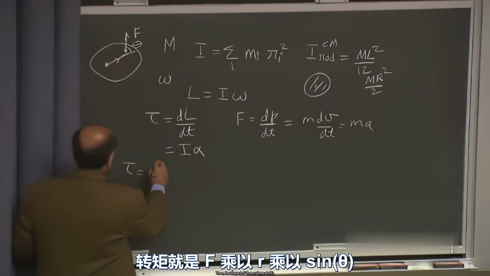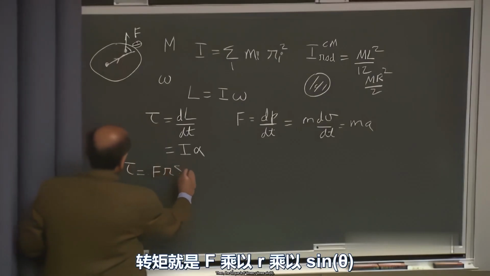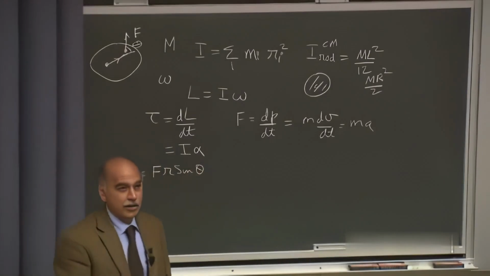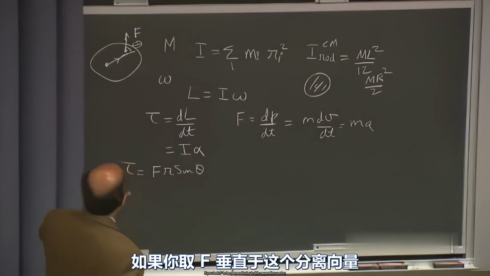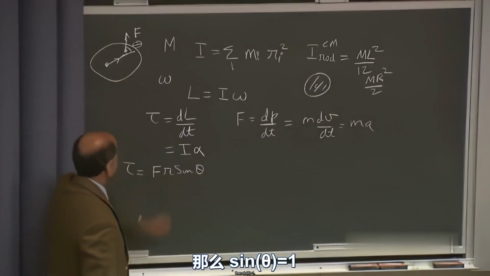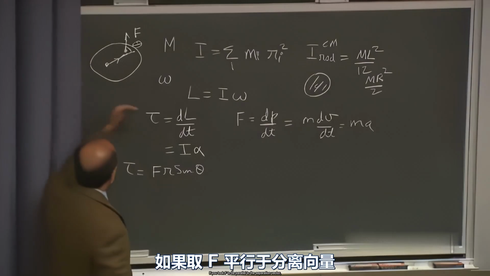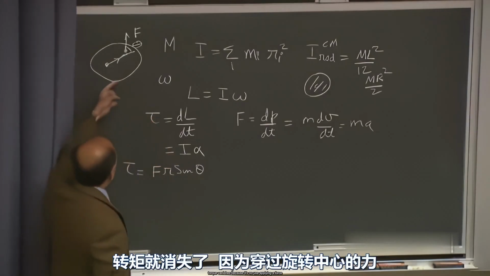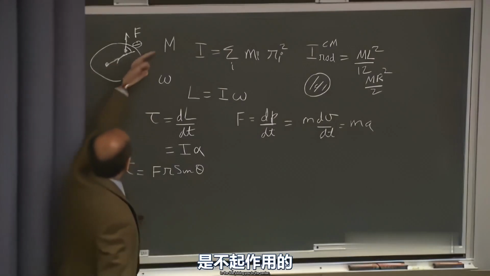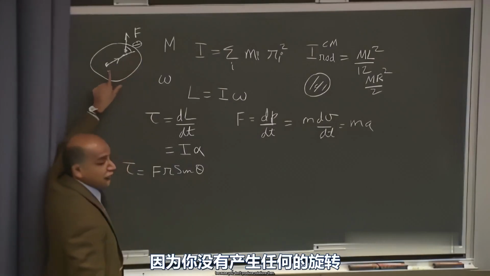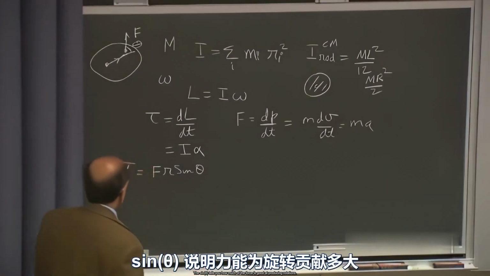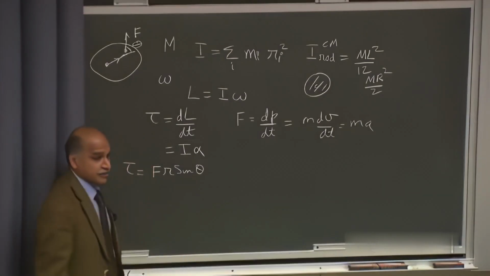Then the torque is F times r times sine theta. If you took F to be perpendicular to this separation vector, then sine theta is 1. If you took F to be parallel to the separation vector, torque vanishes, because it's no use applying a force in the line joining you to the center, because you don't produce rotations that way. So sine theta tells you how much of the force is good at producing rotations.